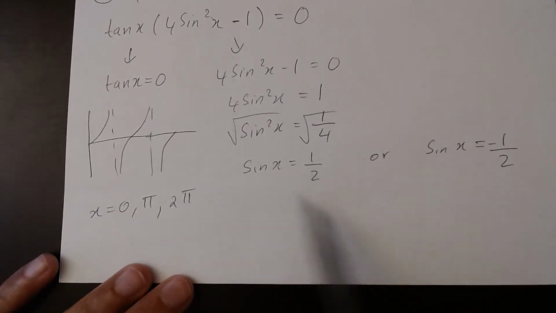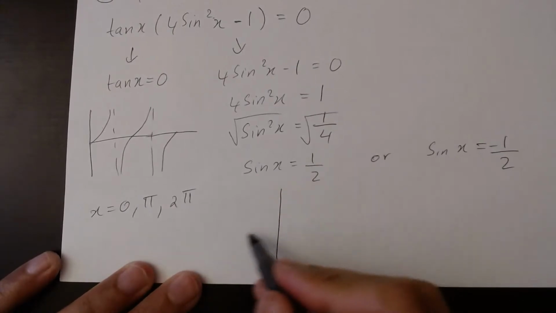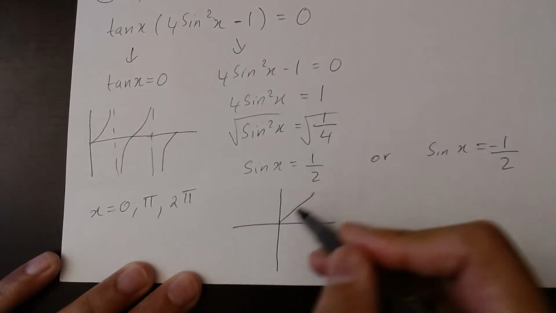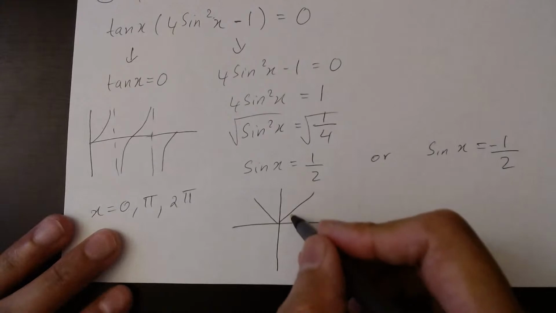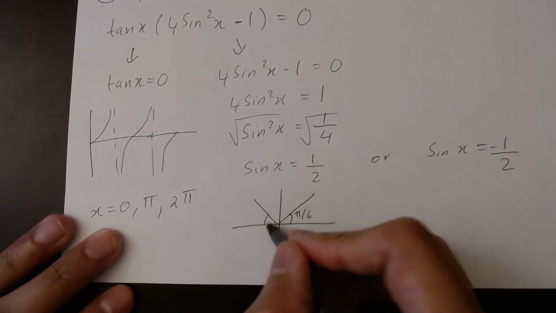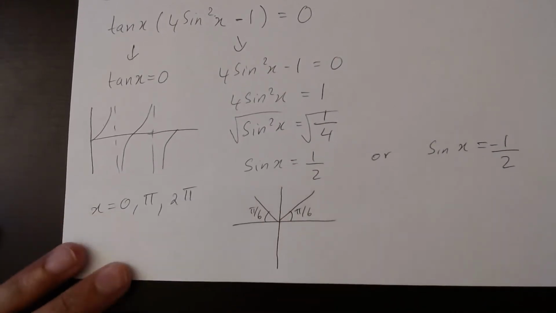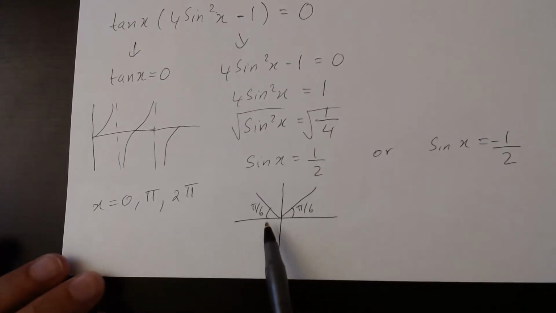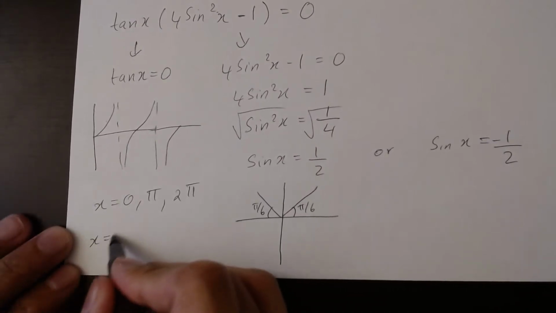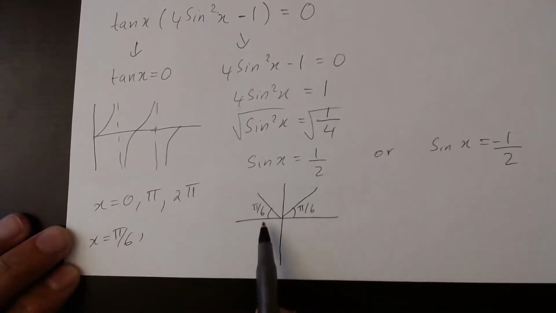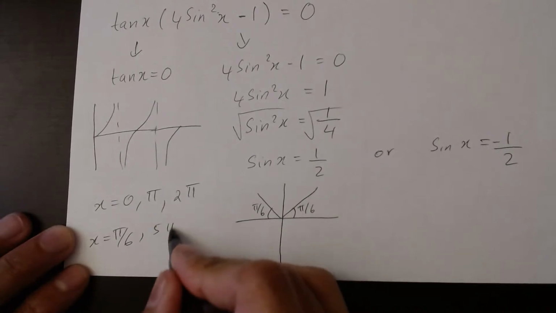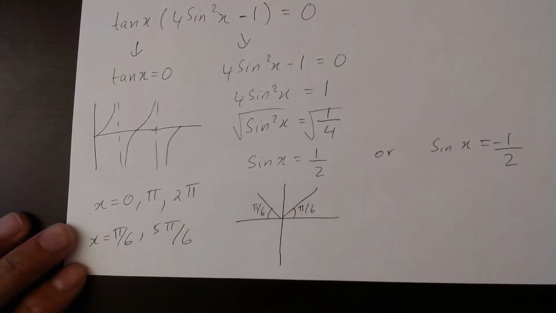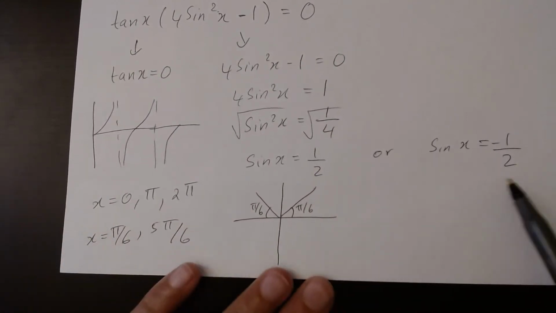These two I'll solve using my CAST rule. Sine is positive in these two quadrants. The sine inverse of 1 over 2 is just pi over 6. So my first solution here will just be pi over 6, and my second solution will be pi minus pi over 6, which is 5 pi over 6. Let's come to this one last.